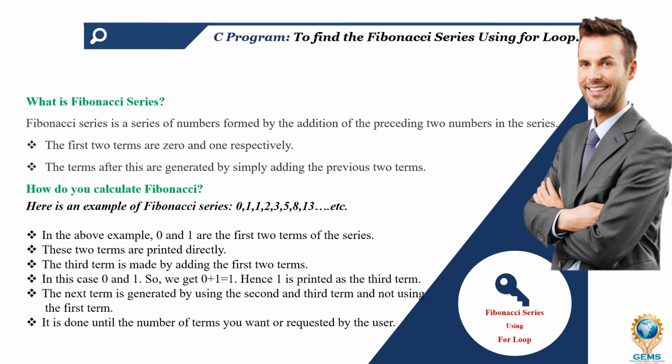Fibonacci series is a series of numbers formed by adding the preceding two numbers in the series. Please try to understand. For example, the first two numbers are already declared.